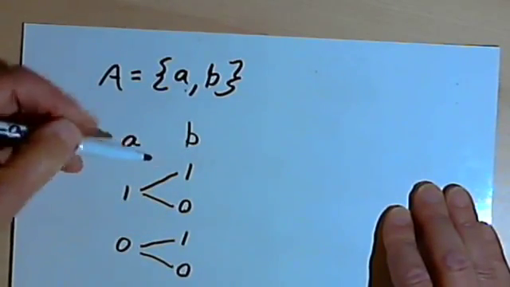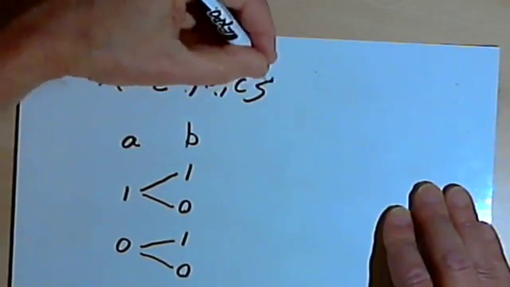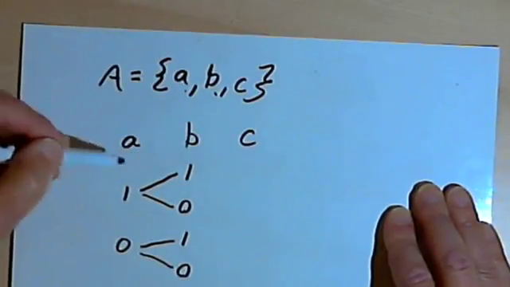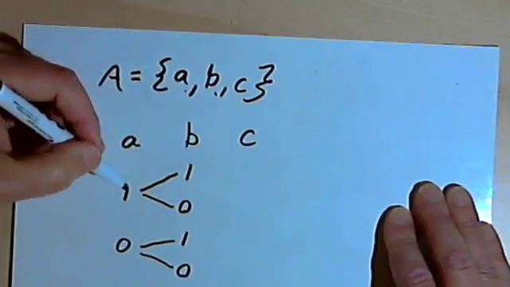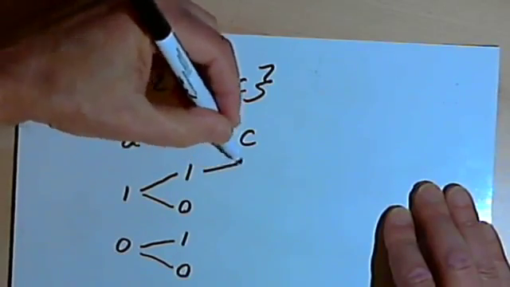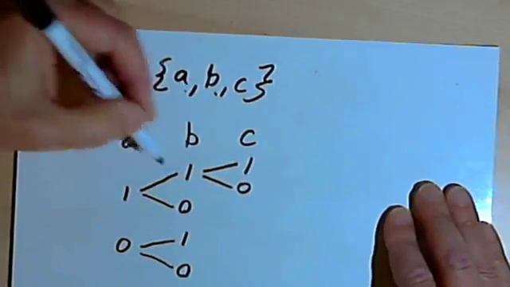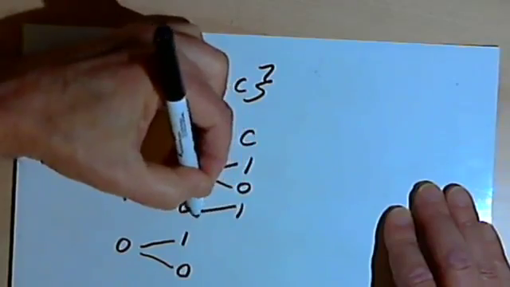If I add a third element, C, then for each of those possibilities that I had when there were only 2 elements, I've got 2 more possibilities. So if there's an A and a B, I might have a C, I might not have a C. If there's an A but no B, I might have a C, I might not.